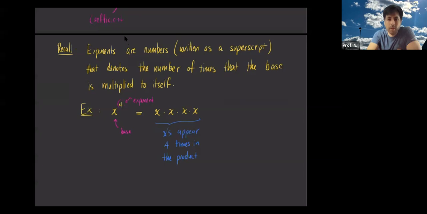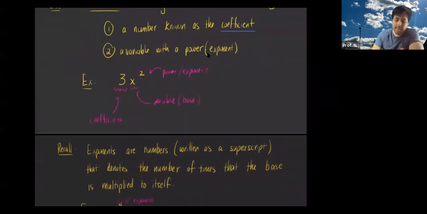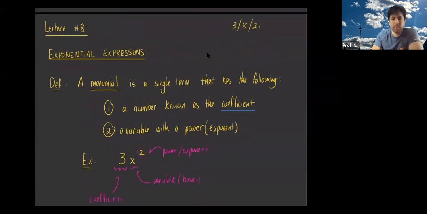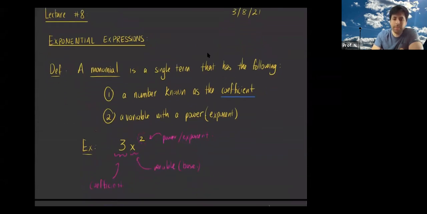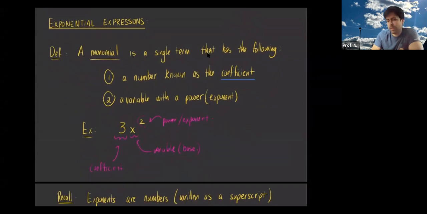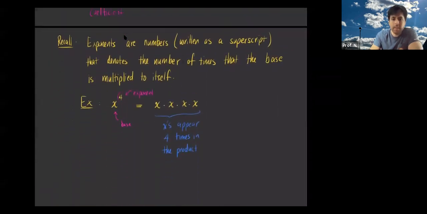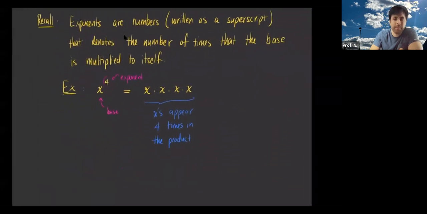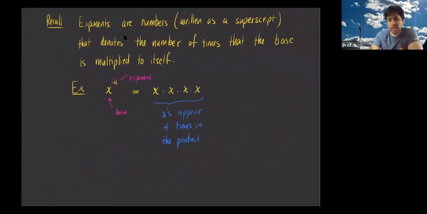Emil, what did you miss so far? Well, you missed the fact that for exponential expressions we started with a monomial. A monomial is just a single term that has a coefficient and a variable. And we're discussing what exponents are. So x to the fourth is another way to say x times x times x times x.